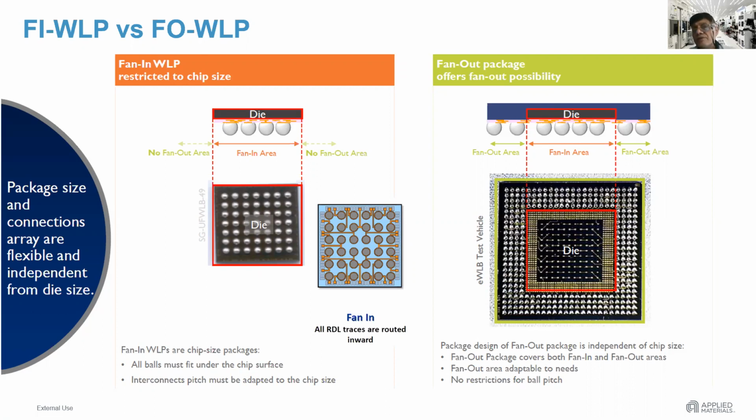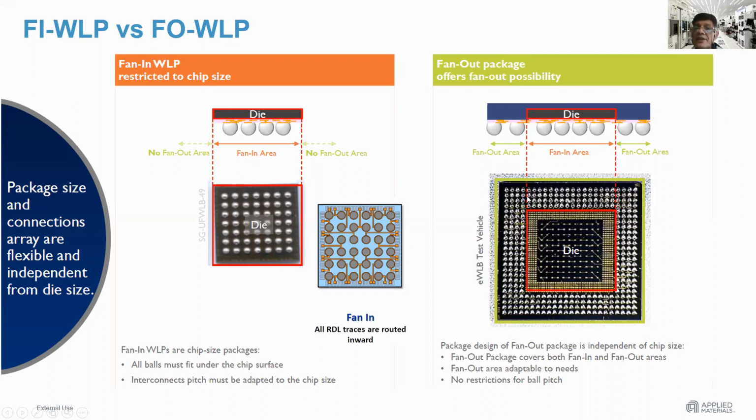The fan-out wafer level packaging is therefore the way to go, and that's the direction the industry is taking as of now. So let's take a look at what is happening in the fan-out wafer level packaging. You have a die, and the interconnects are being taken to solder balls which are beyond the die area.